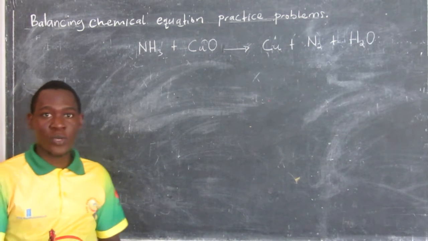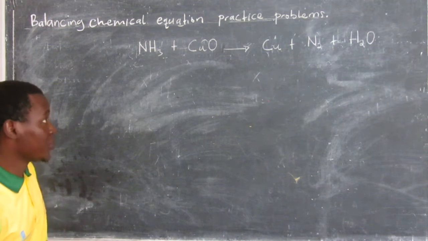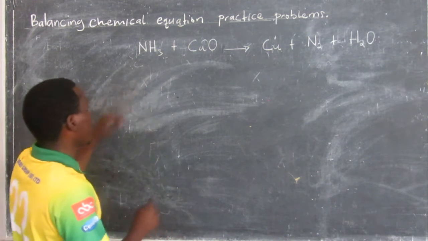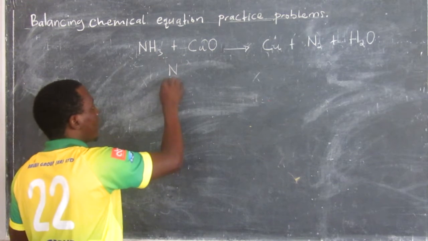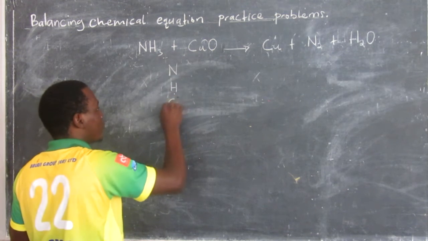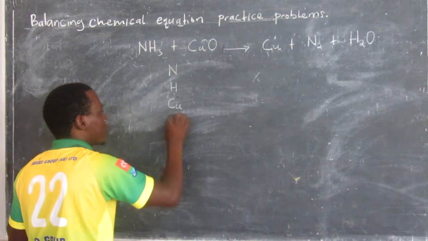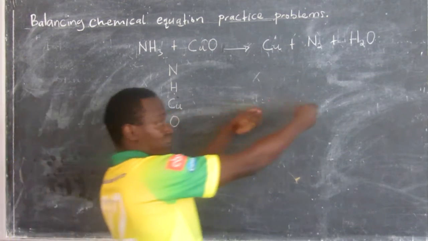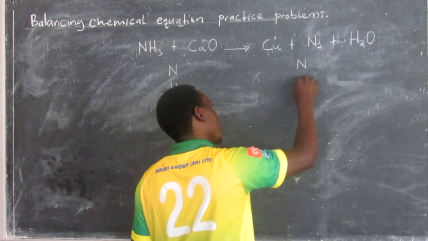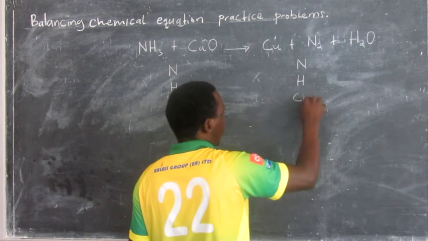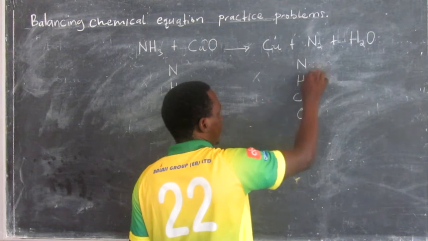Our starting step is to identify the atoms present on both sides of the equation. Here we have nitrogen, hydrogen, copper, and oxygen. These elements also appear on this side.